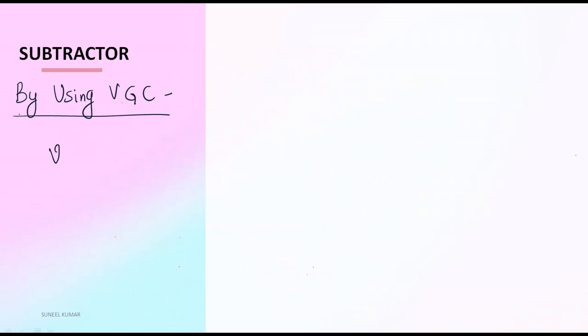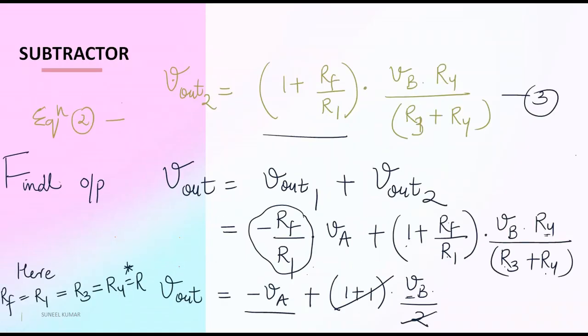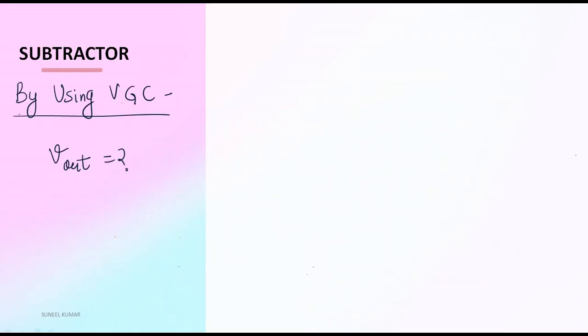So according to this, we have this circuit, and we want to find out V output. So we will make the circuit here again. Let's say this is the circuit, that is minus plus. We have this output. This one is R1.